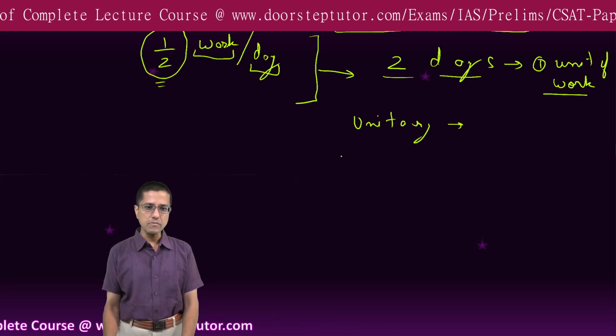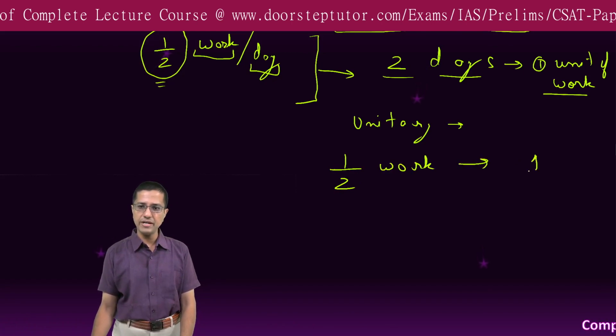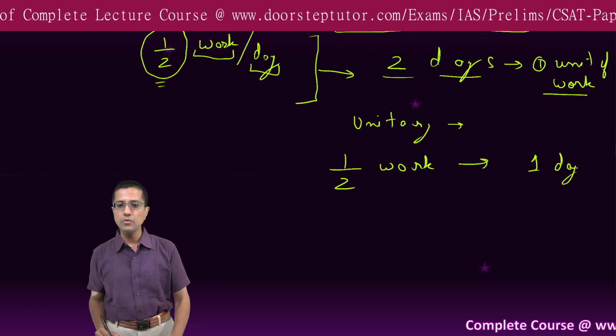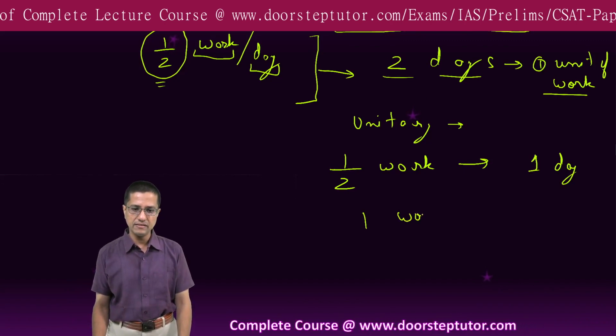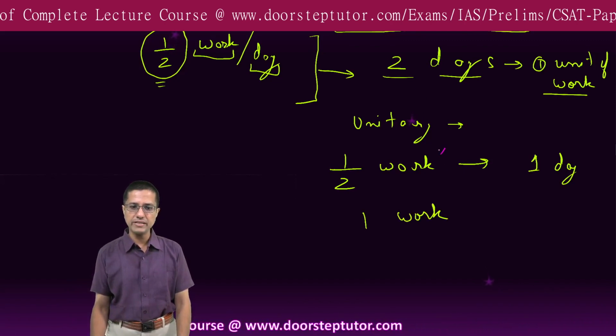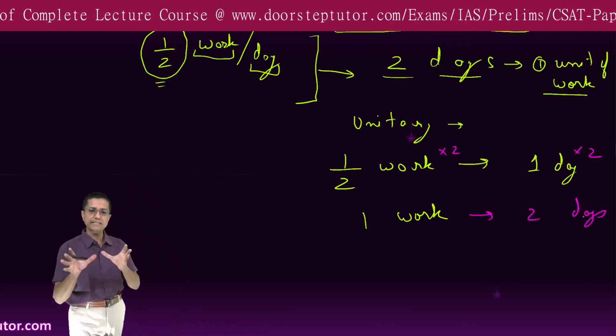To complete half work, how much time do I need? I need 1 day. To complete one work, how much time would I need? I would multiply both sides by 2 and I get 2 days. And this is the unitary method.